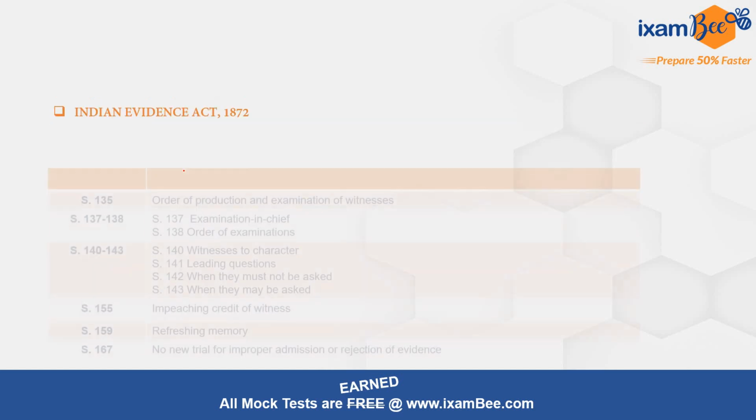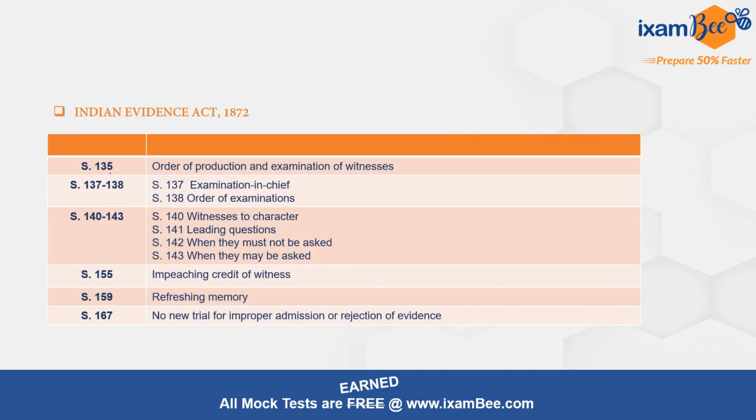Now next moving on to the other important provisions, you can see section 135 important है, जो की बात करता है order of production and examination of witnesses. What has to be the order and how that has to be produced and how the examination of witnesses will be taking place, related aspects have been covered.